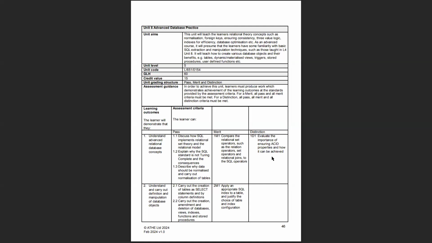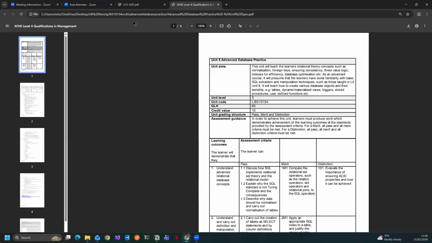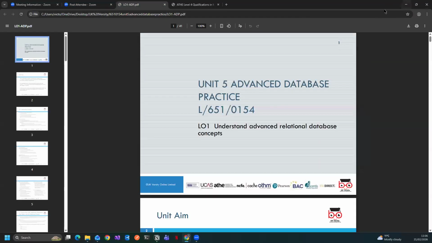This unit will teach how to create various database objects and their benefits, such as tables, dynamic materialized views, triggers, stored procedures, user-defined functions. So let's now get into our presentation.